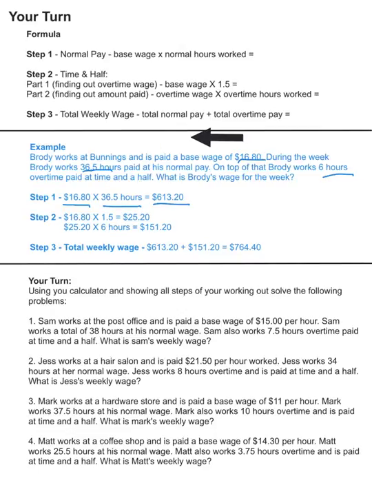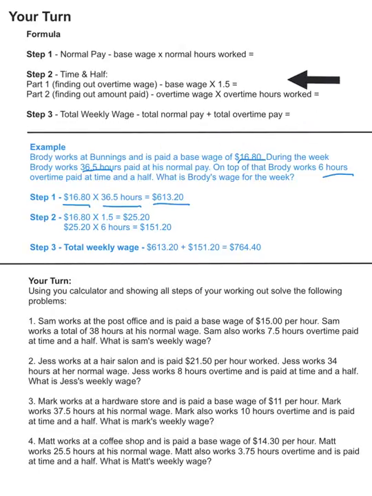So this is a two-step process, and I'll bring your attention back up to here. These are the steps that you will need to follow. So part one, the first part is working out how much does Brody actually get paid per hour when he works overtime at time and a half. So we times his base wage, $16.80, by 1.5, which represents time and a half.